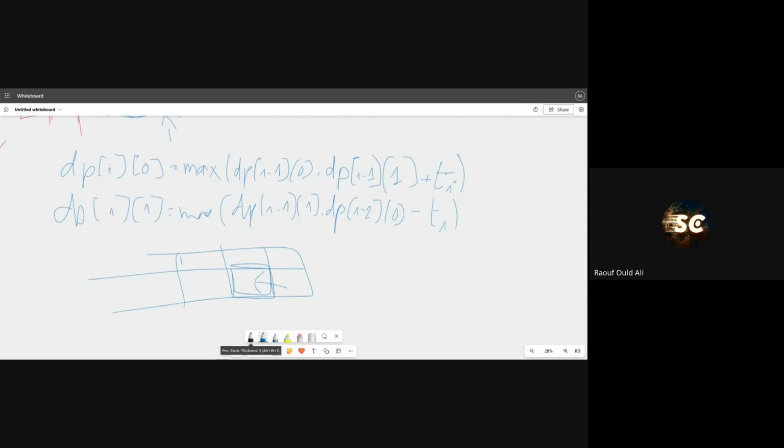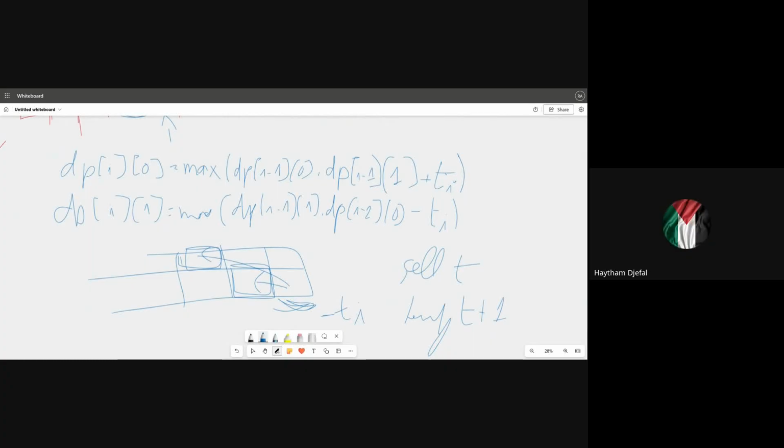Otherwise, we are buying on this day, okay? And so the last time we have sold something was on the day before, because we cannot sell on day t and buy on day t plus 1. They already told us that this is forbidden. And so we will get the maximum sum obtained by selling here, okay? And we remove the value obtained by its transaction on this day, okay?